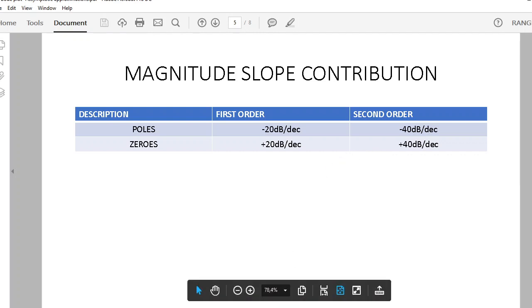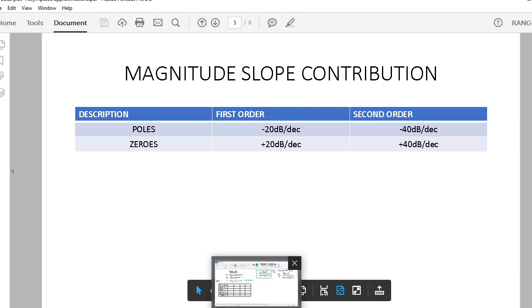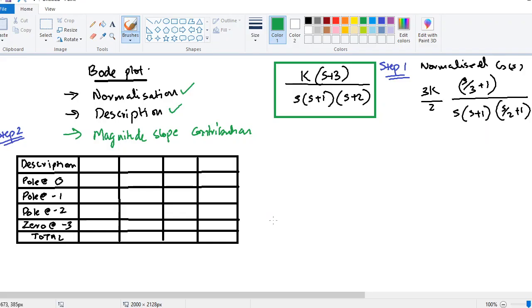But now before we do that, we need to determine or expand on something that we did in our last class, that is the break frequency, right? So let's determine what the break frequencies are here. Now, the break frequency for the pole at 0 is 0 radians per second.